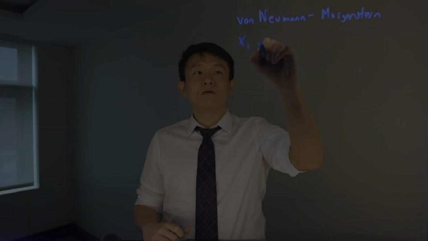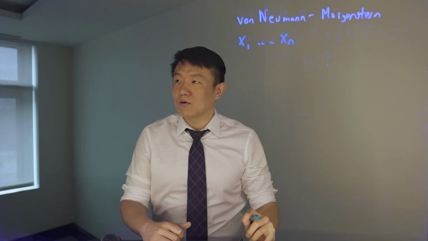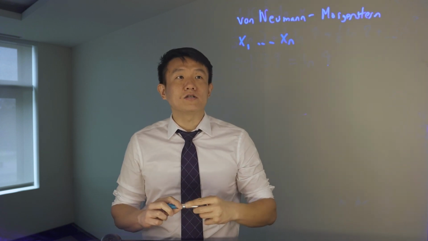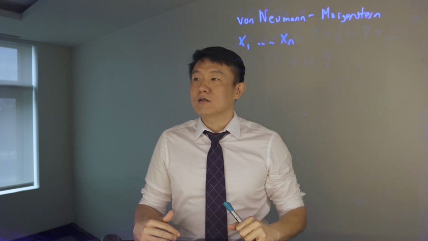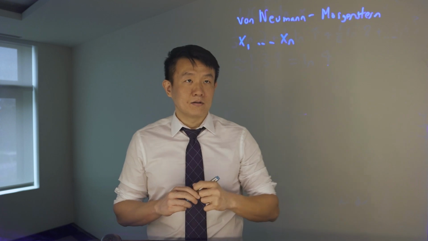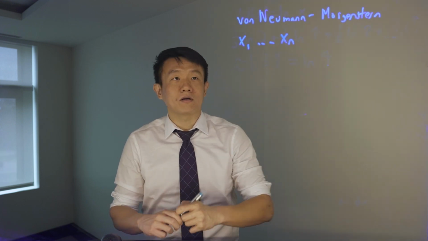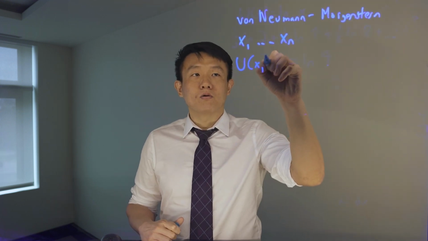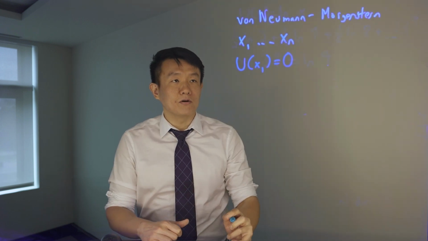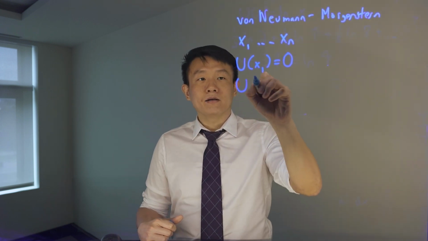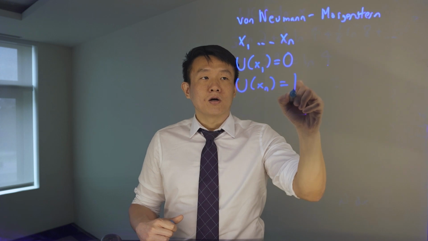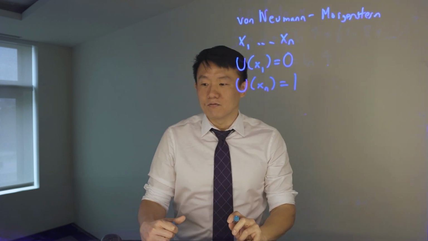So we're going to have a number of outcomes, and we're going to arrange them in increasing order of desirability. So x1 is going to be the worst outcome. We're going to assign the worst outcome a utility of 0. xn is going to be the best outcome. We're going to assign a utility of 1.